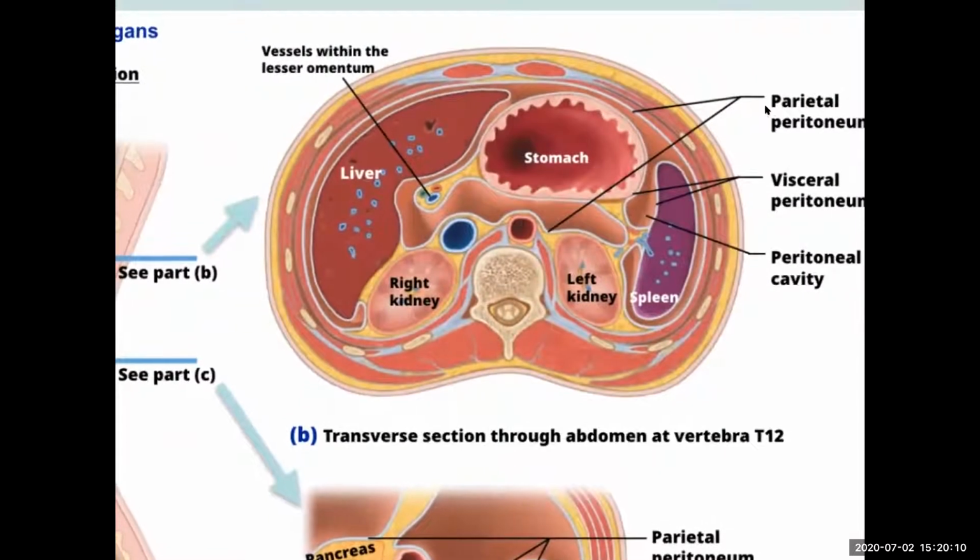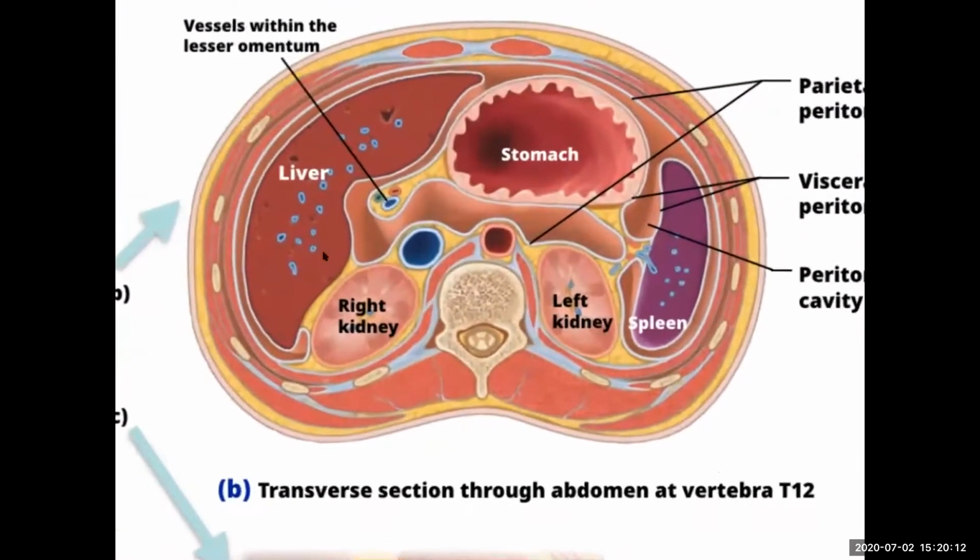So in this example here, you can see that these parts of the digestive organs that are enveloped in the peritoneum, these are known as intraperitoneal organs because they're inside. The ones that are only in contact with one layer and they're located in the posterior body cavity, okay, these are considered retroperitoneal organs.